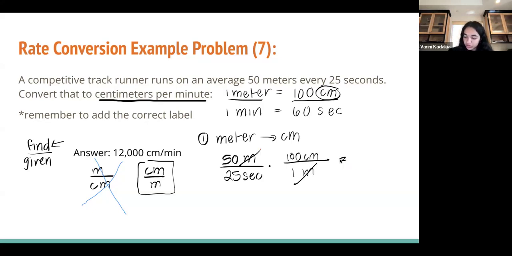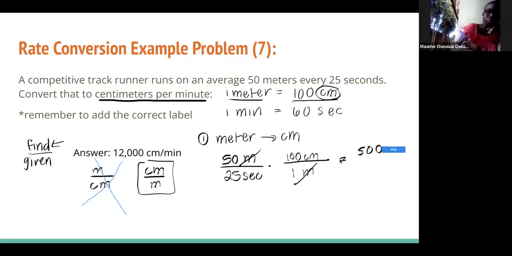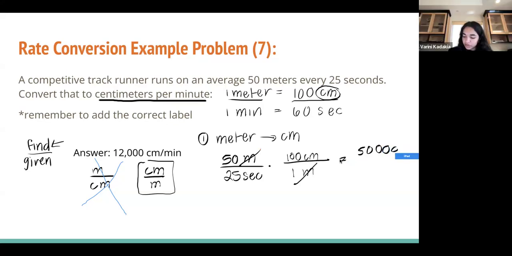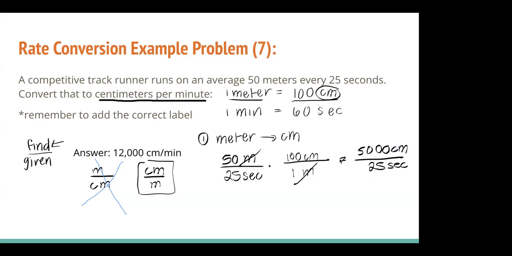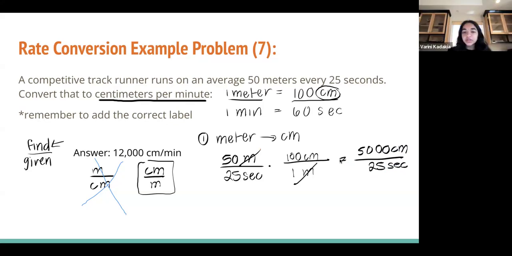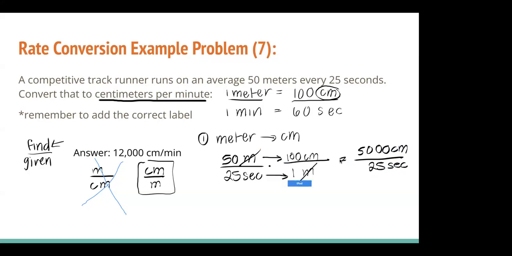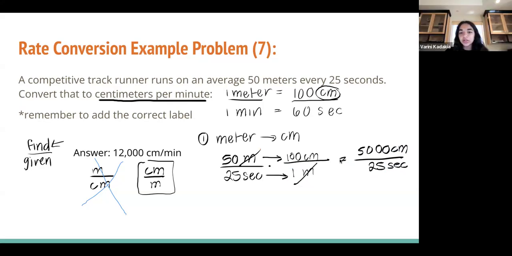5,000 centimeters over 25 seconds, right? How is it 5,000 centimeters? You just multiply this way. You do 50 times 100 divided by 25 times 1.